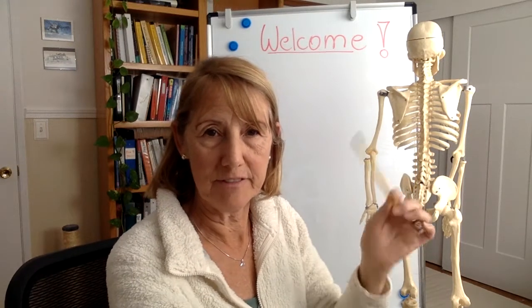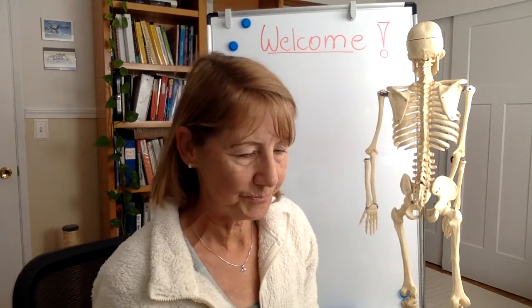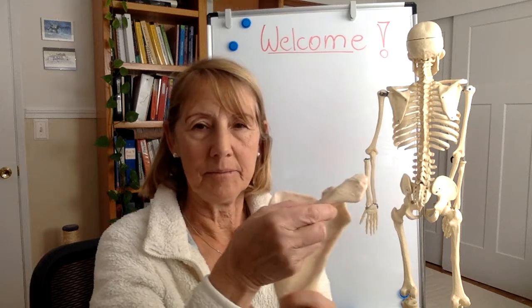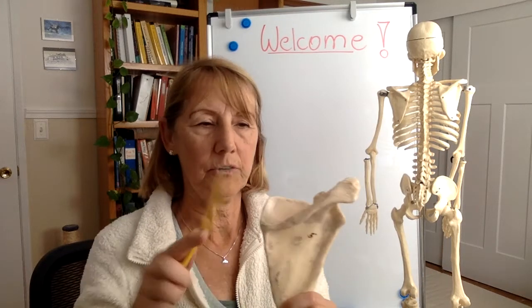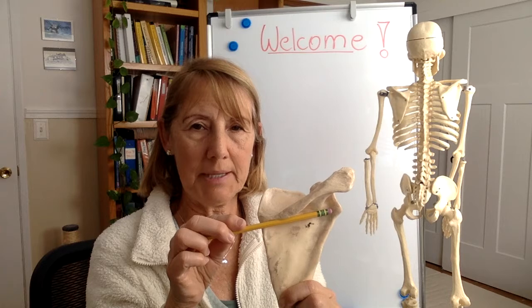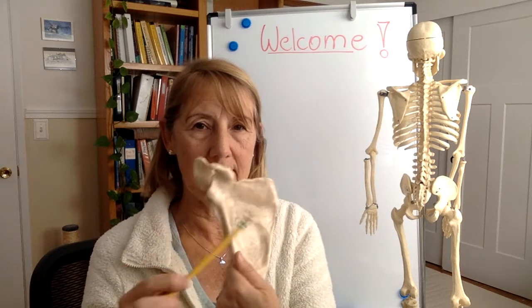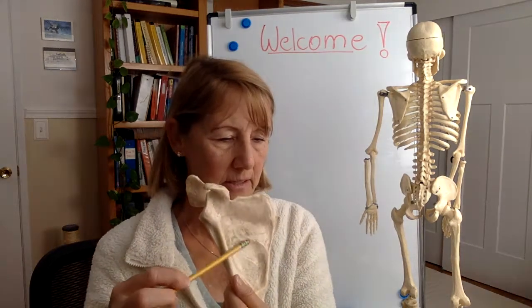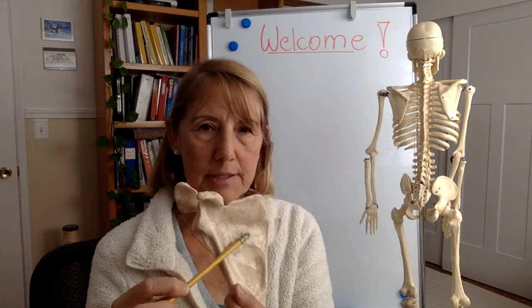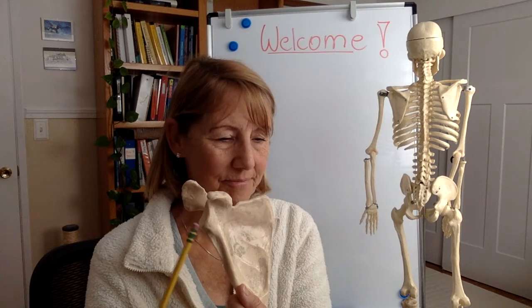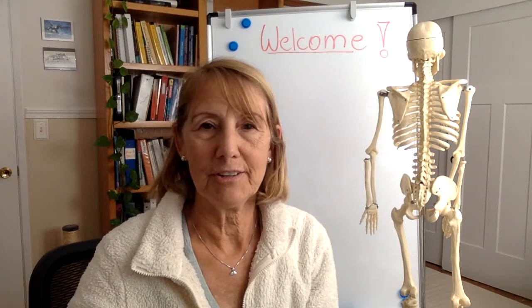Supra, above, infra, below. The spine is here, so we're doing above the spine, below the spine, and then if I rotate, this whole region here is going to be the subscapular fossa. We just went through all the structures, and we're going to stop right there.